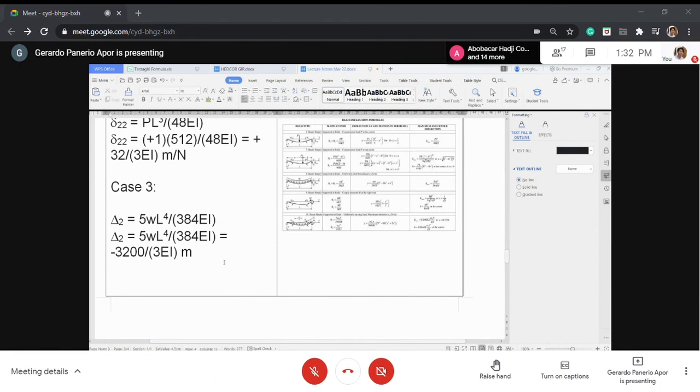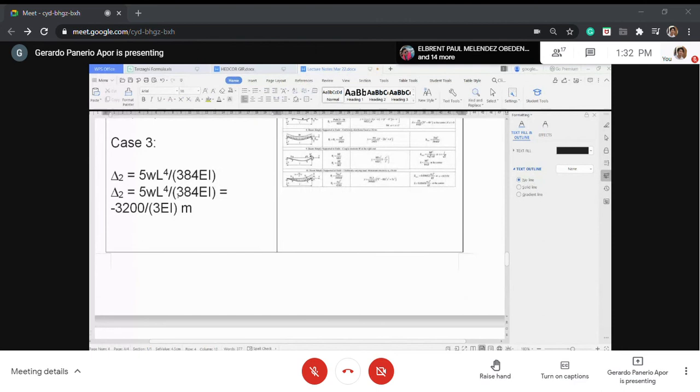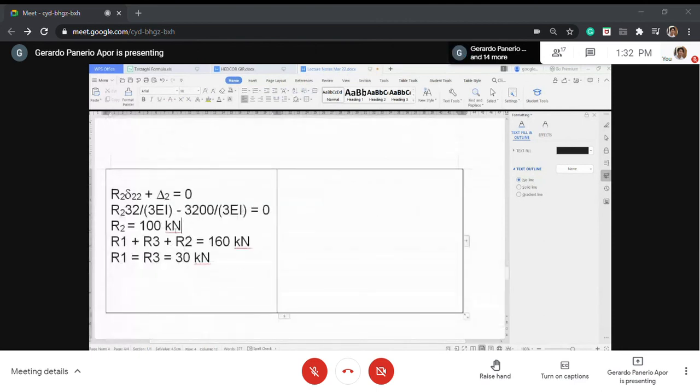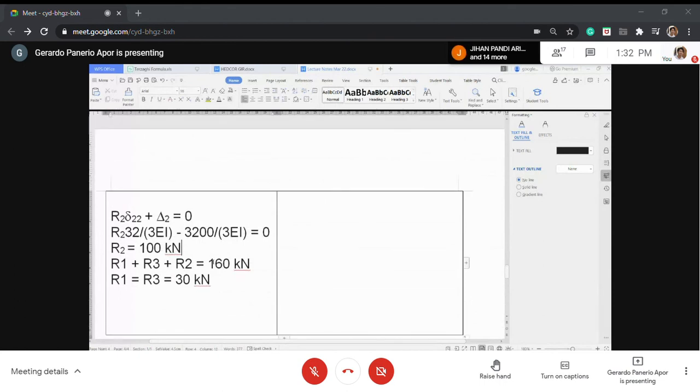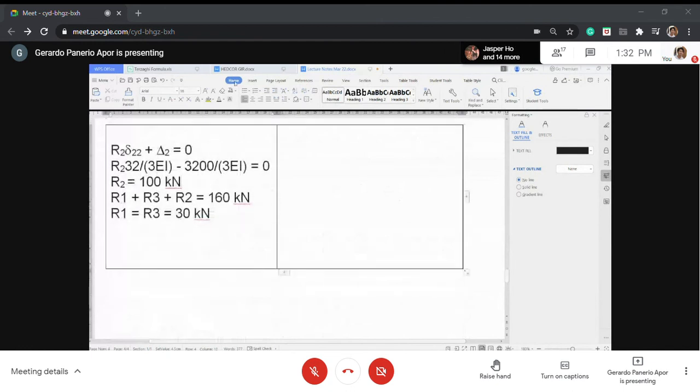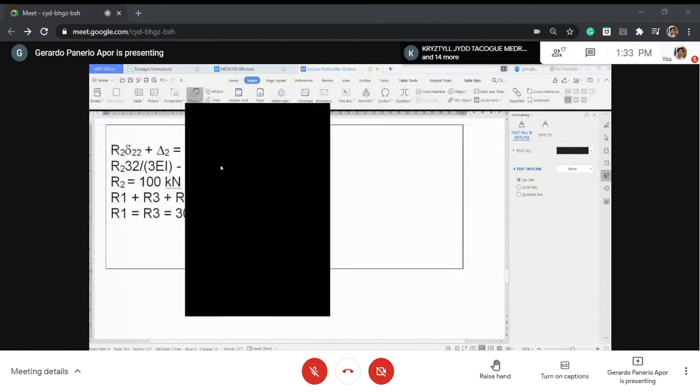That's exactly 8 to the fourth times 5 times 20 divided by 384 times 3. Sakto lang 3,200. So if you add them at 100 kN, you'll have a moment diagram like this, moment diagram like this.